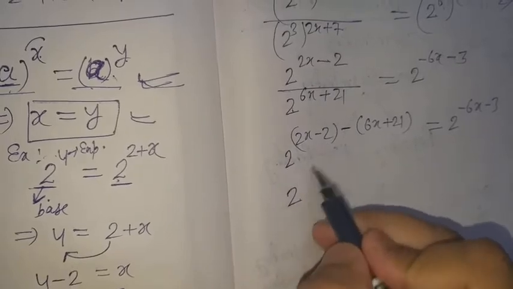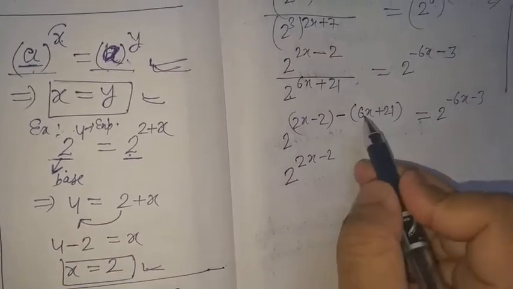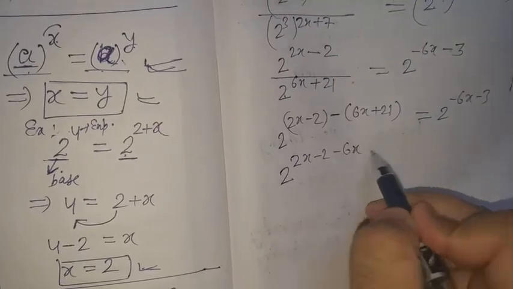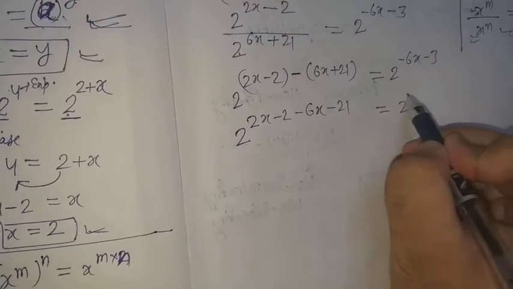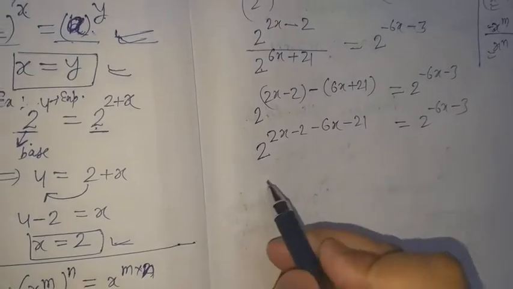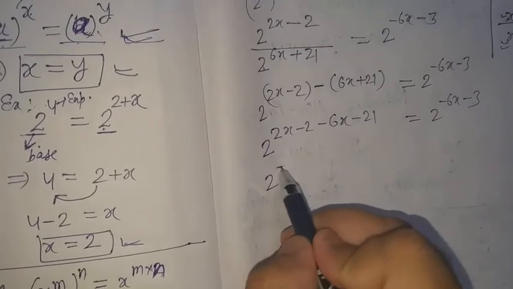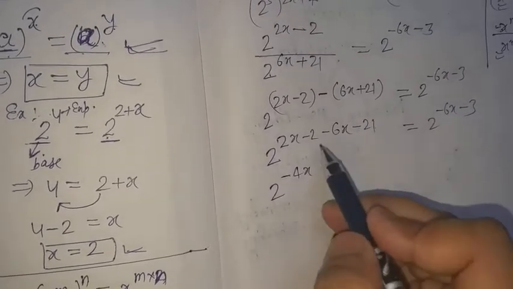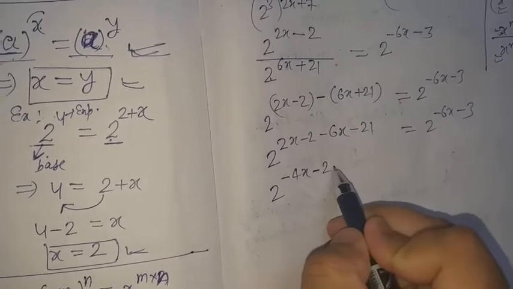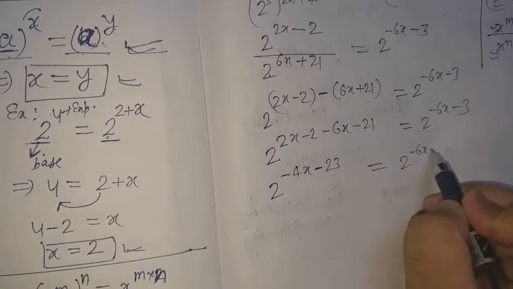Now just open the bracket: 2x minus 2, minus 6x and minus 21 equals 2 to the power minus 6x minus 3. So 2x minus 6x is minus 4x, and minus 21 and minus 2 is minus 23.